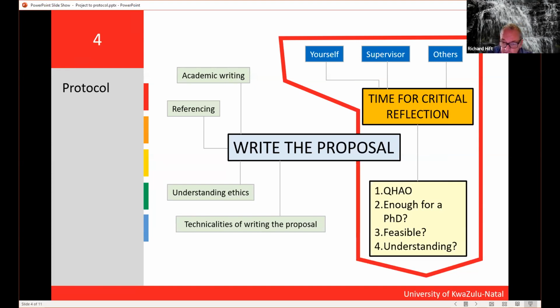Failed PhDs usually start off with a failure to identify and to understand the question, the hypothesis, the aims, the objectives. Too many students make the mistake of thinking those are just little headings that you have to write something underneath. They are not.